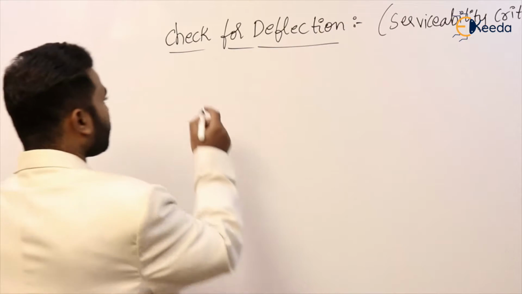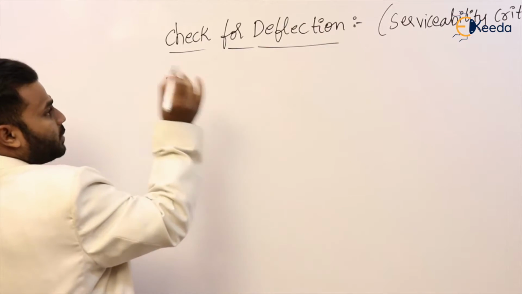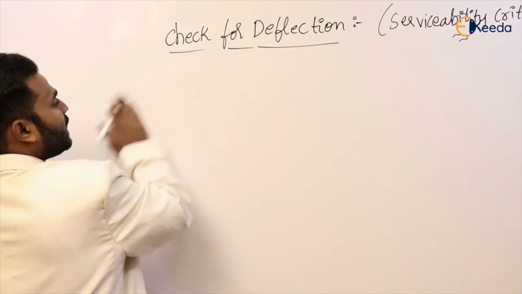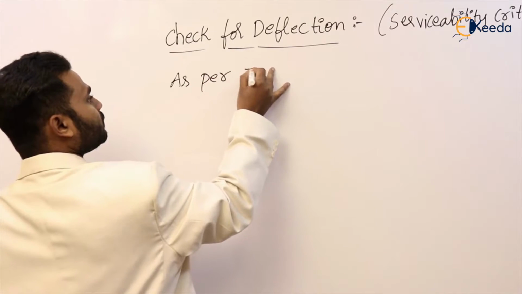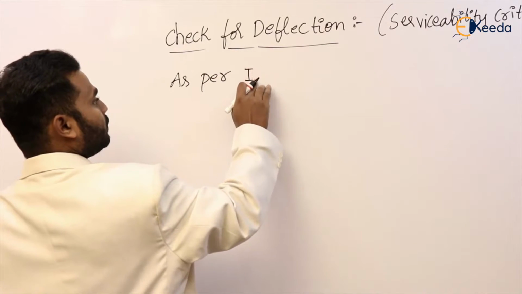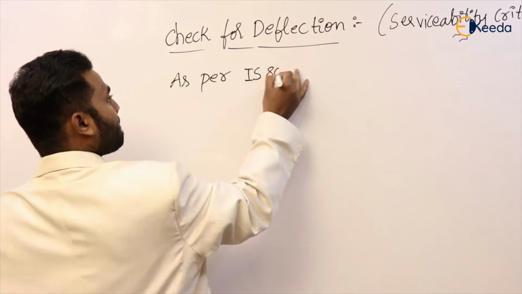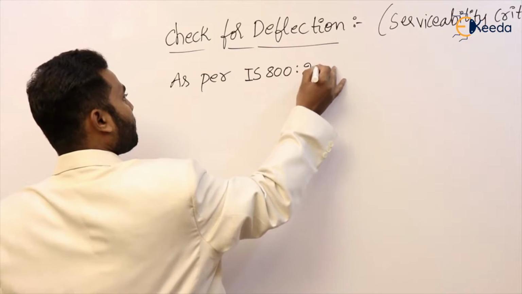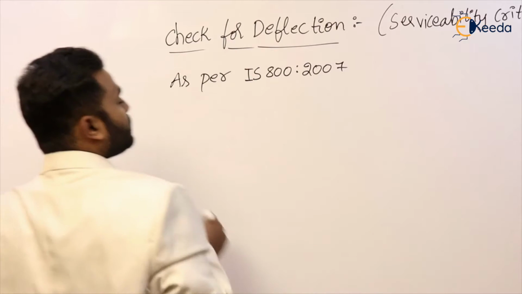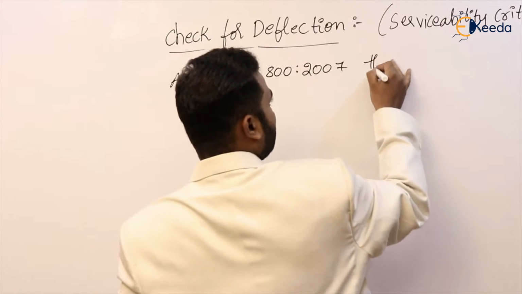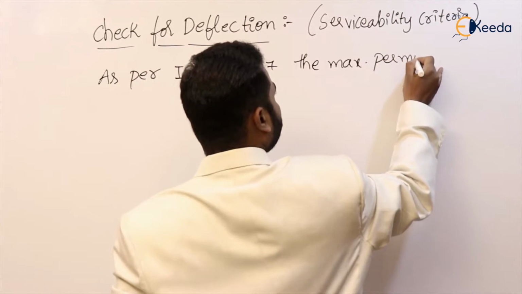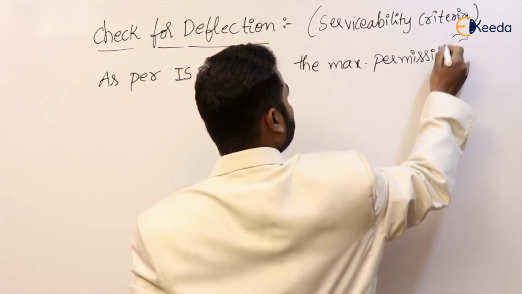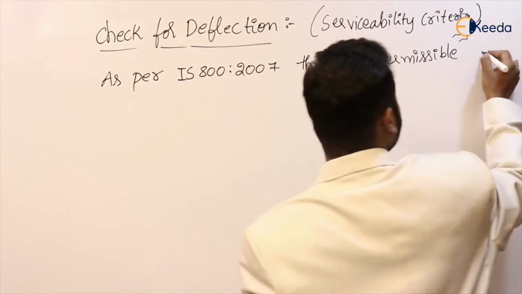So, as per IS 800:2007, the maximum permissible deflections are as follows.